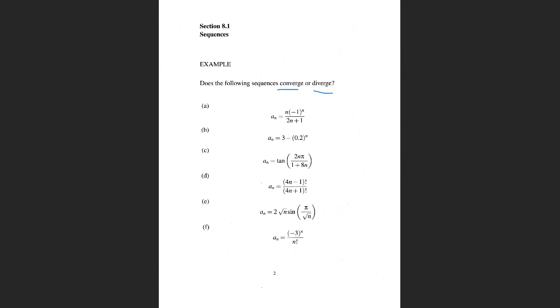Converge means to come together. So if a sequence converges, that means as n gets large, the sequence approaches a number.